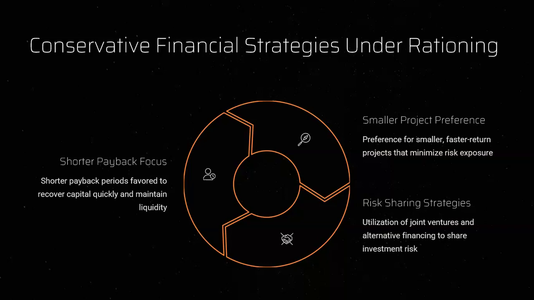Second, give preference to small and less market exposures, because if I take small steps, it will accumulate, and if I fail or if the market becomes negative, the loss will be less. Third, utilize joint ventures and alternative finance to share the investment risk.